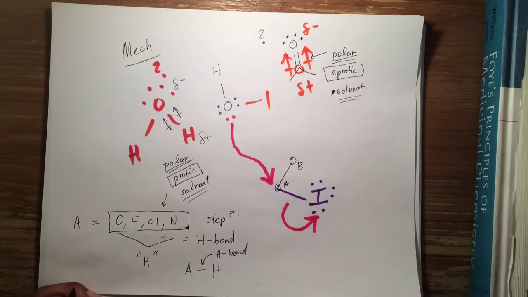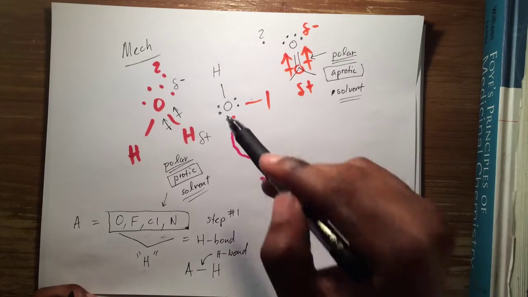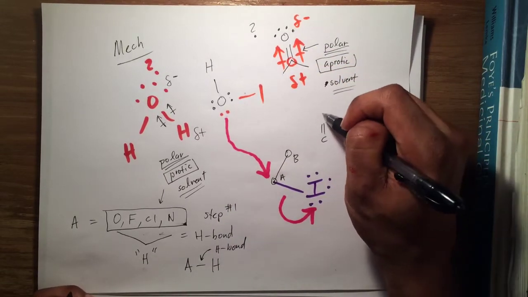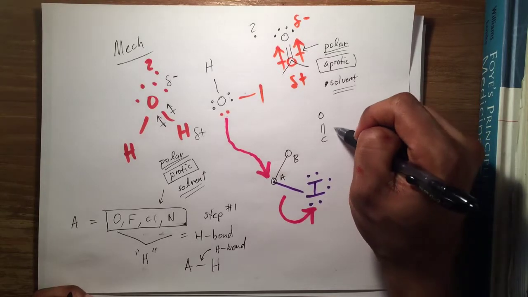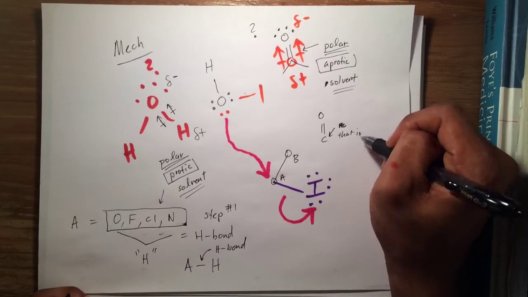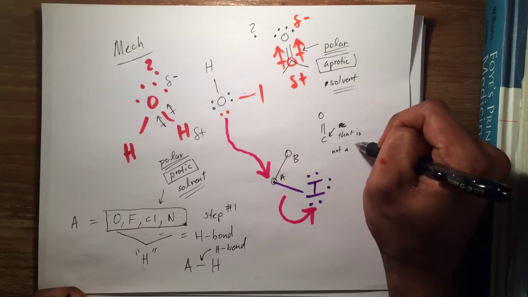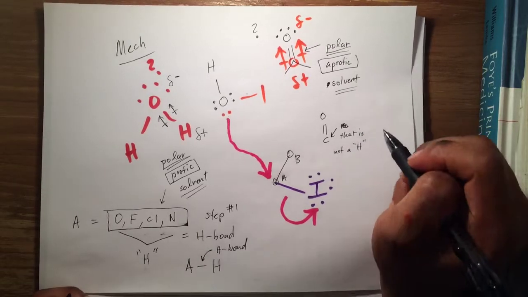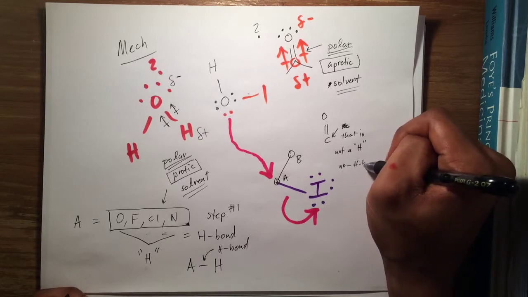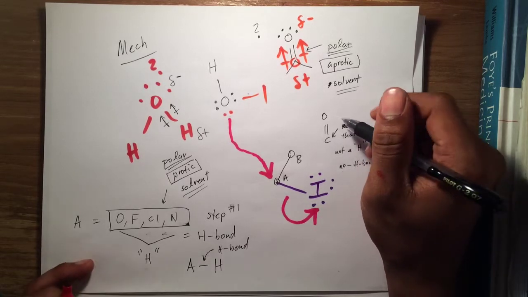So let's go back to over here. Now, notice, if you have a carbon connected to an oxygen, that's not a hydrogen. So there's no hydrogen bonding, no H bond in this molecule. But this is a polar bond.